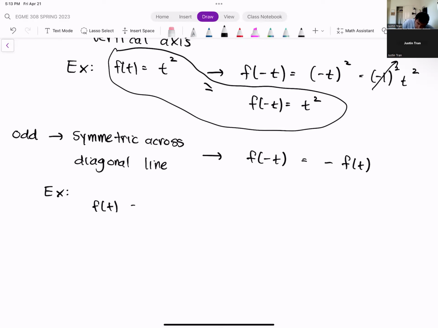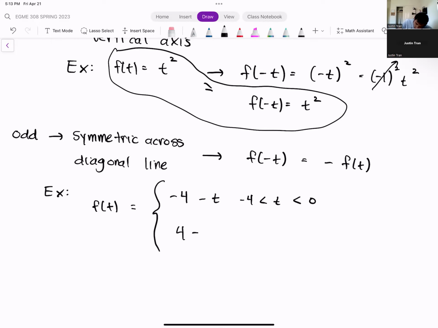For the homework, we had this function here. We have minus 4 plus minus t, for minus 4 less than t less than 0.